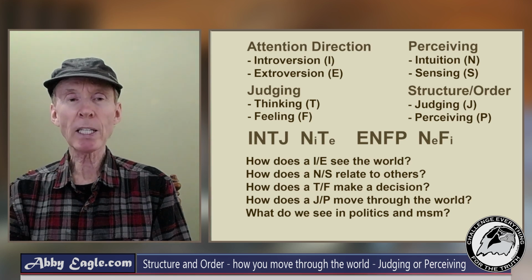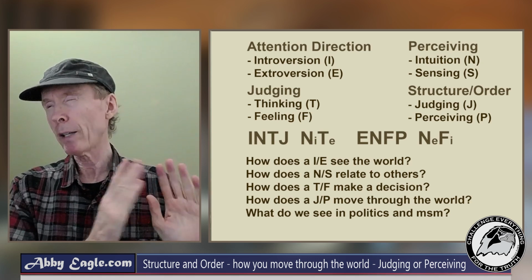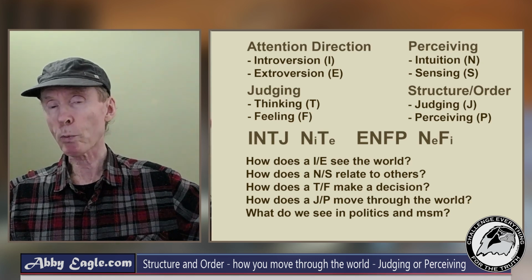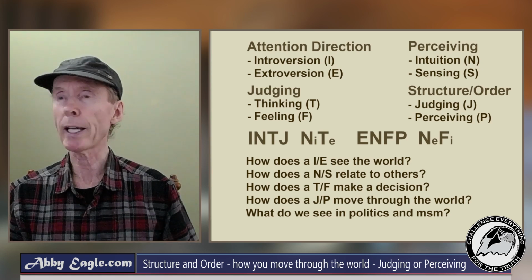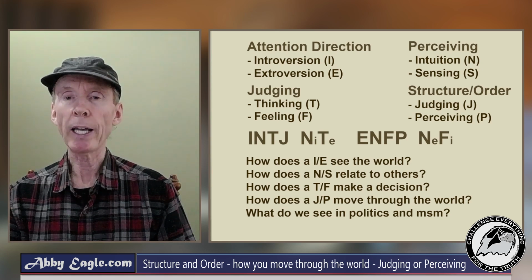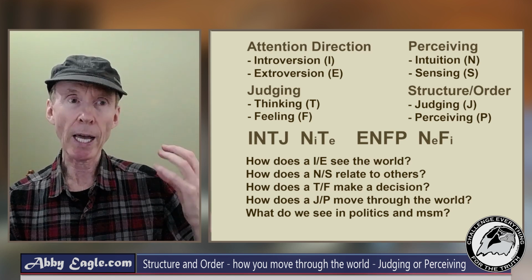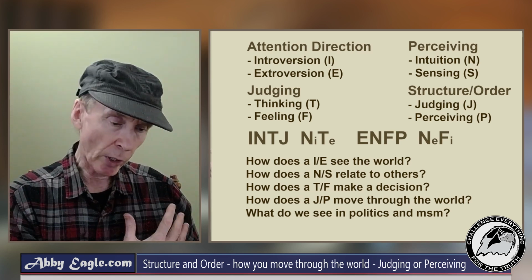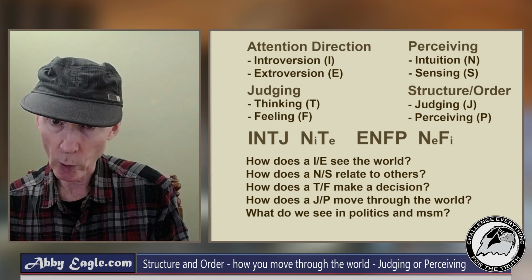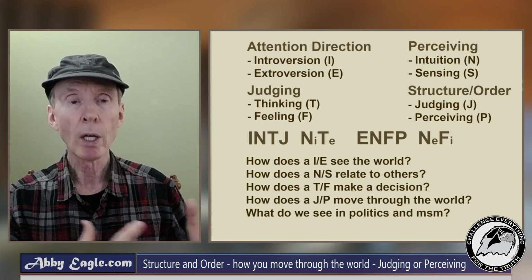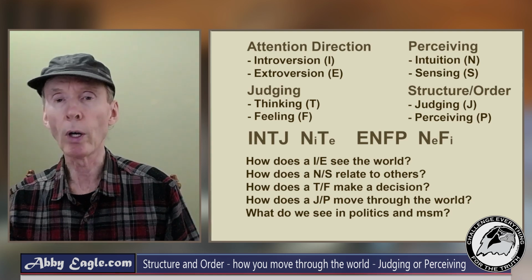So there's a millisecond where they're going back in their mind and sorting through and choosing what response they're going to give right now. Just a millisecond, just enough to keep them on edge. But that's the perceiver. They have structure in the inner world, freedom in the outer world. The judger has freedom in the inner world, structure in the outer world.